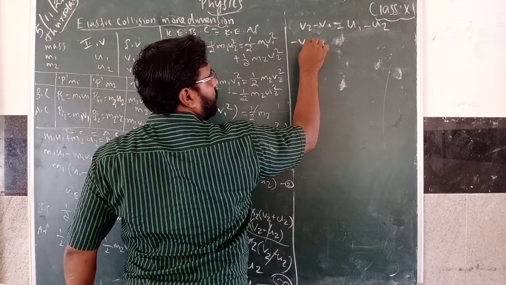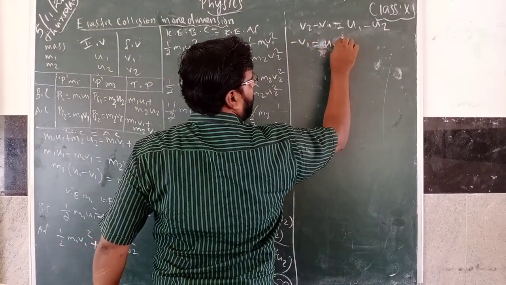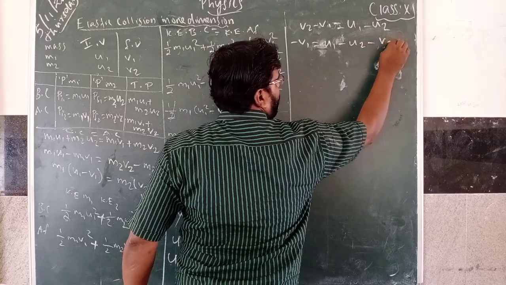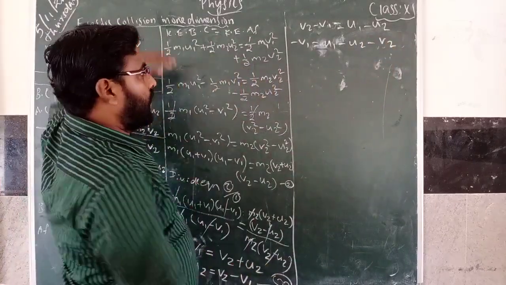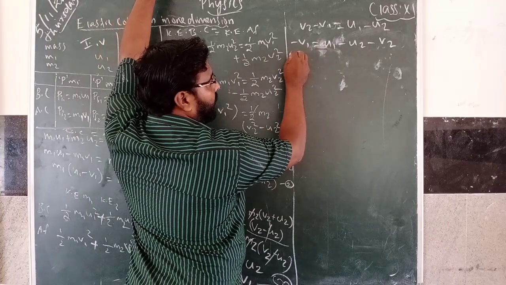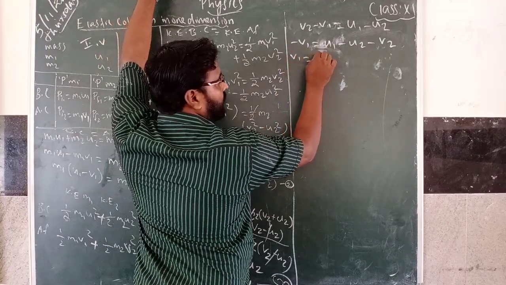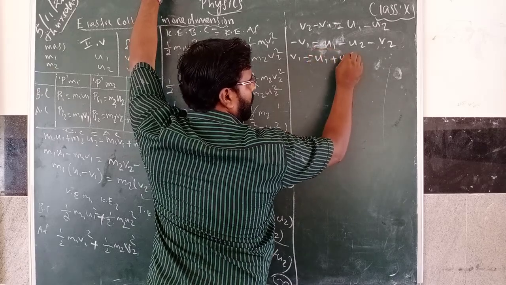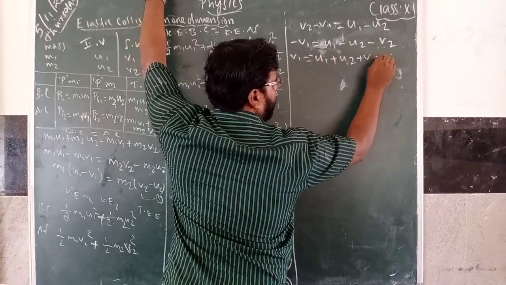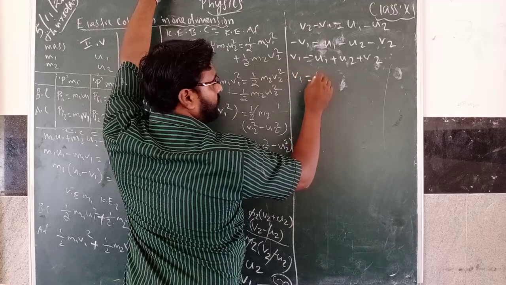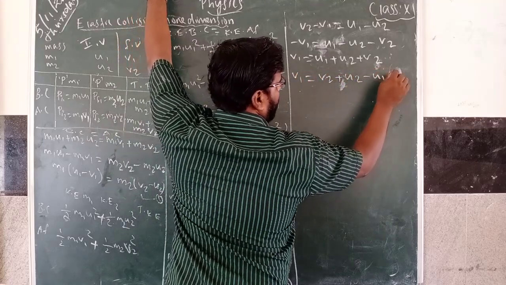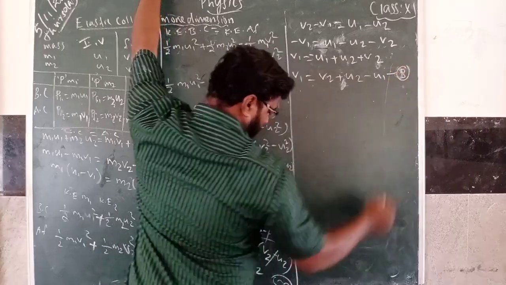So minus v1 is equal to u1 minus u2 minus v2. Now multiplying by minus, v1 is equal to v2 plus u2 minus u1. This you can keep as equation number 4.